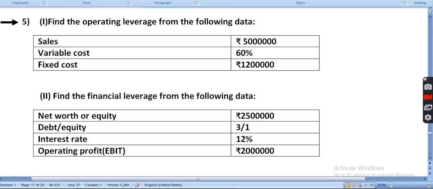Interest you have to always calculate on the debt proportion, so 12% of 75 lakhs. Then operating profit, EBIT, earning before interest and tax, is given, that is 20 lakhs. So first you have to calculate operating leverage and second you have to calculate financial leverage. So let's start.